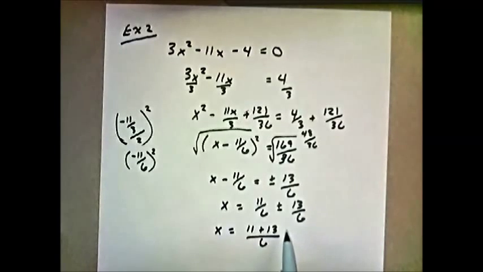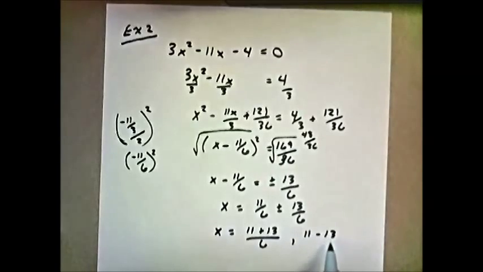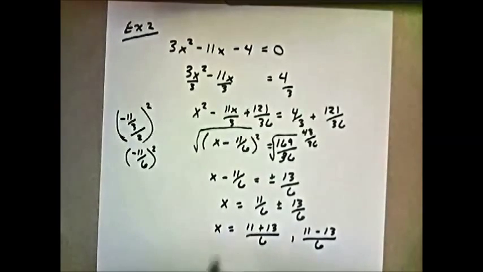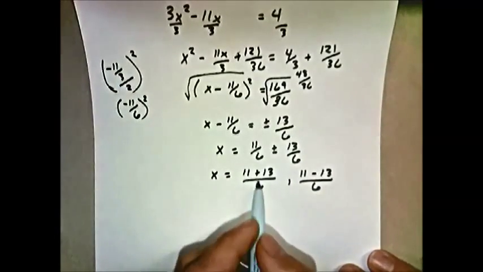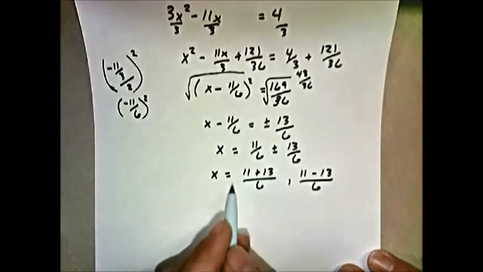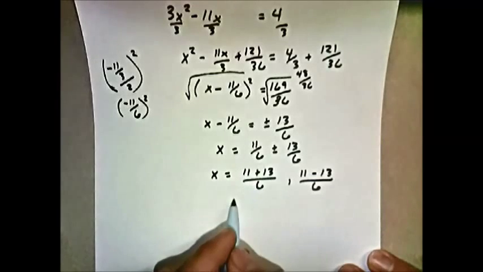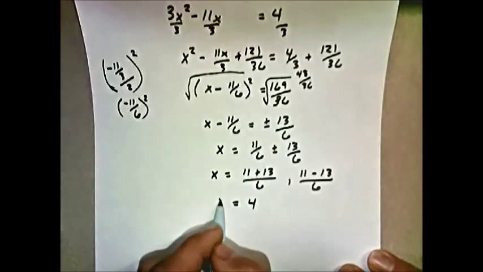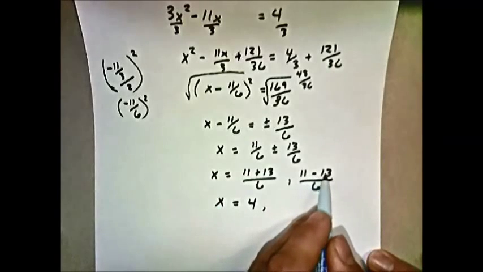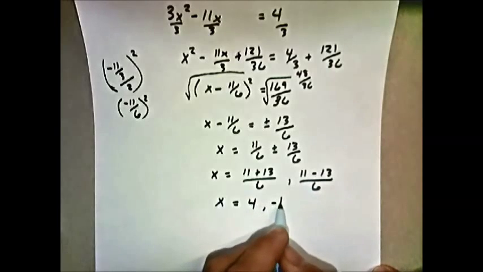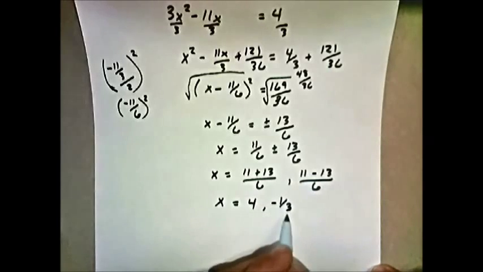And I'm going to go ahead and break this up into 11 minus 13 over 6, since I have that plus or minus sign in there. 11 plus 13 is 24, divided by 6 gives me 4. 11 minus 13 is negative 2, divided by 6 is negative 1/3. And there are my two solutions.